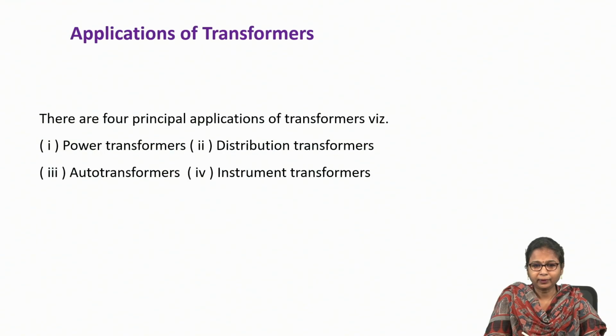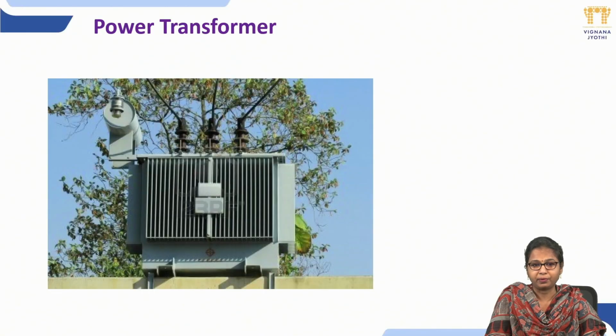The applications of transformers, as we saw in the previous slide, include power transformers, distribution transformers, and auto transformers, which are exclusively used in our educational sectors for experiments, and in substations we also see instrument transformers.